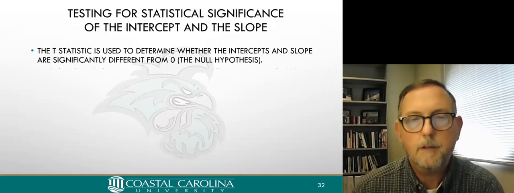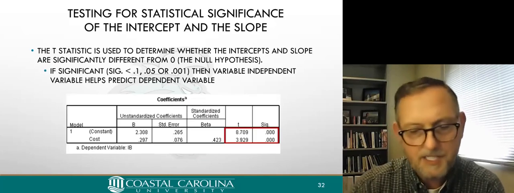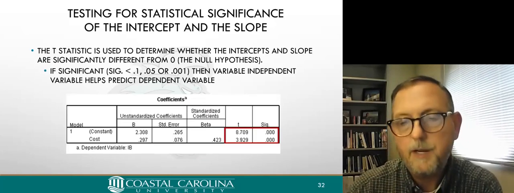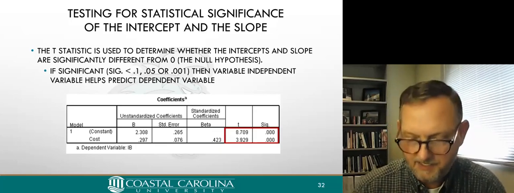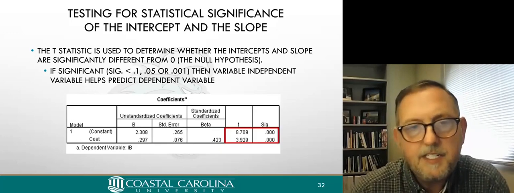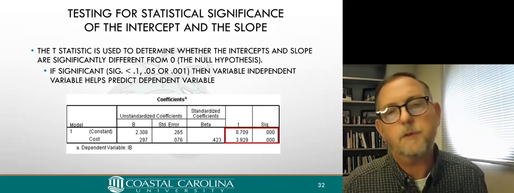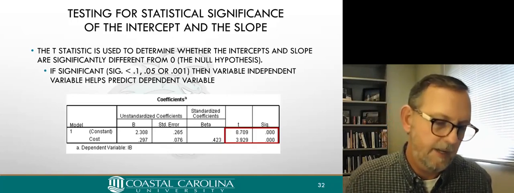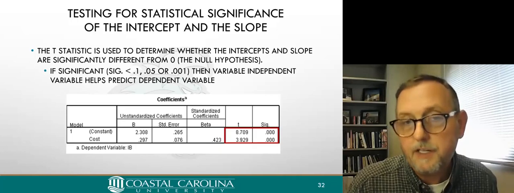And then anytime we have cost, we can estimate what intention to buy will be based on what we have here. Okay, the other thing that we're going to look at, on the other side of this box, is the t statistic. When you do a t-test, you're measuring whether the distance of the number from 0 is significant or not.